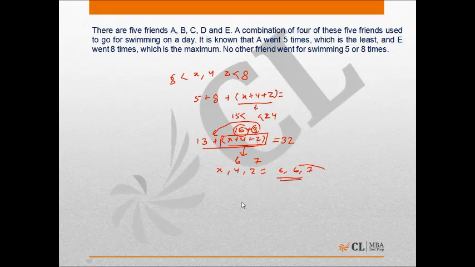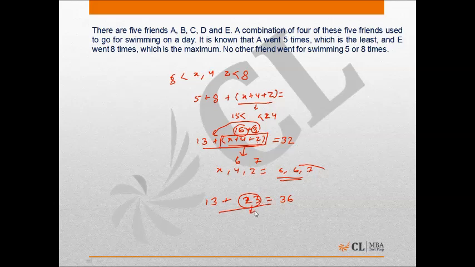Now let's consider the second case. Proceeding in a similar fashion, the next possible value of x plus y plus z can be 19 plus 4, which is 23. In that case 13 plus x plus y plus z will be 36, which is a multiple of 4. There is no issue. Now come to this quantity. 23 is the sum of x, y, and z, and we know that each of these quantities is more than 5 and less than 8.